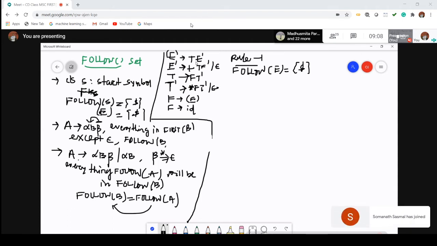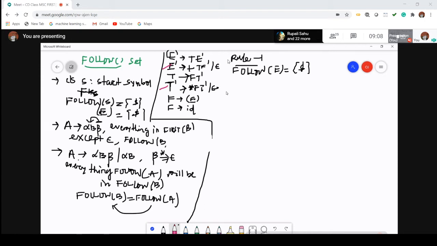E to T E dash, T to F T dash, and F to bracket of E or ID are not associated with epsilon. E dash to epsilon and T dash to epsilon are, so except these two, the others are not associated with epsilon production. E is not associated, T is not associated, and F is not associated.